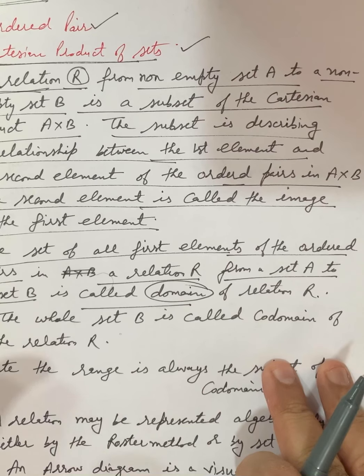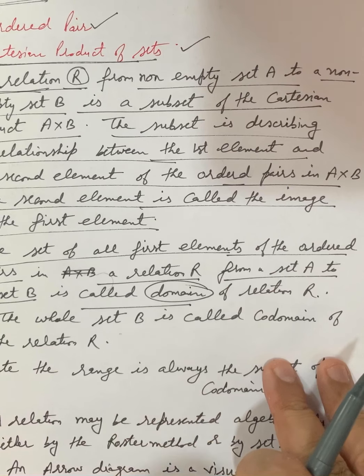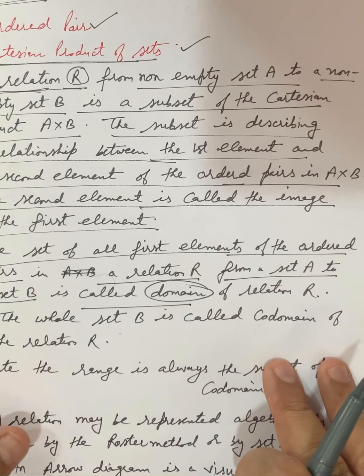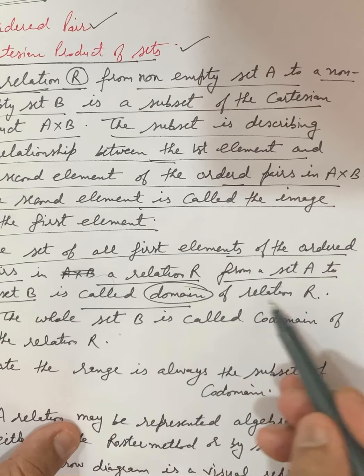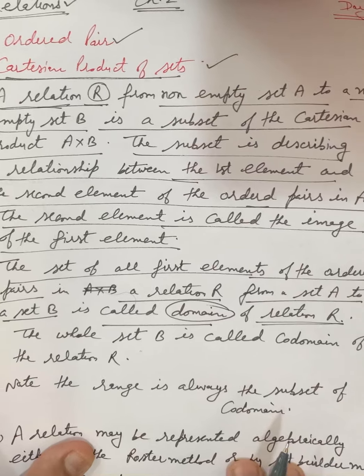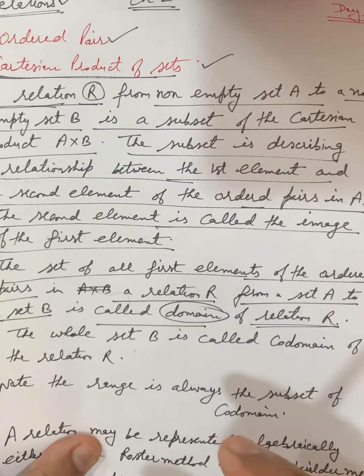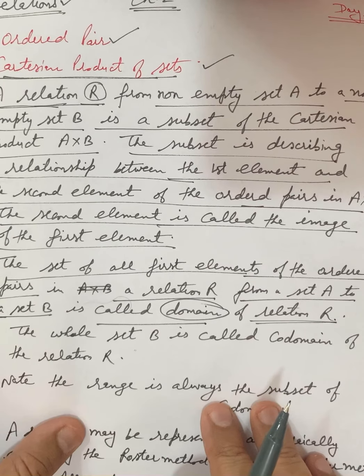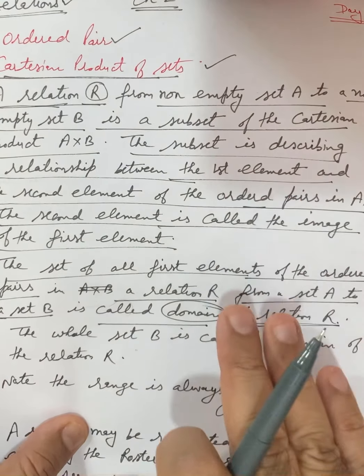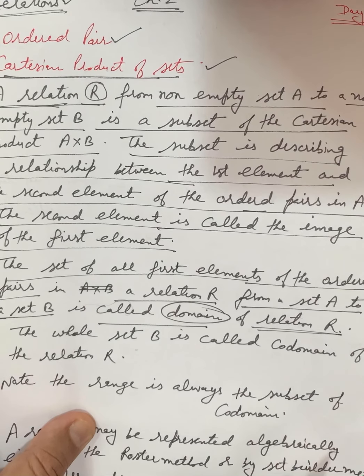Those elements of the set A which will be involved in the relation R, that set of the elements is called the domain of the relation R. If you have a few definitions, note them down, read them again and again, then start the questions. You should be clear what is the relation, what is the domain, what is the range, what is the codomain.